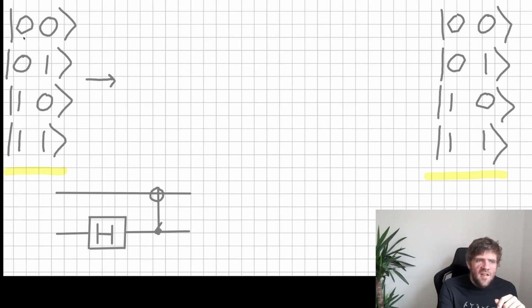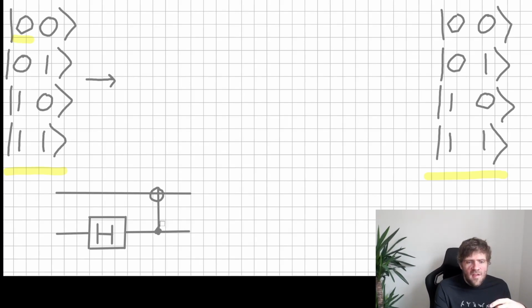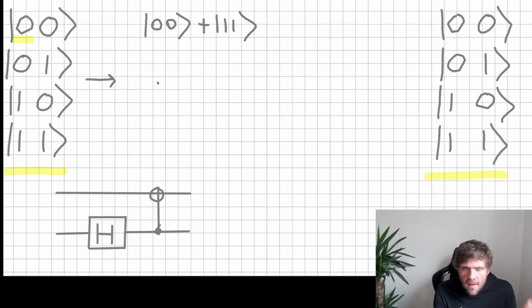So in this first case, applying the Hadamard here will give us a plus state, and then we apply the controlled NOT and it creates some entanglement. And what we will get at the end is a state 0, 0 plus 1, 1 with a normalization, of course, but life's too short for normalizations.